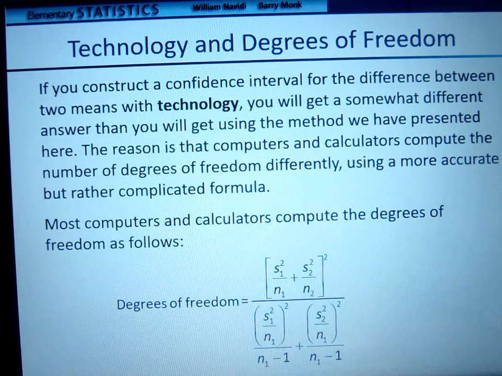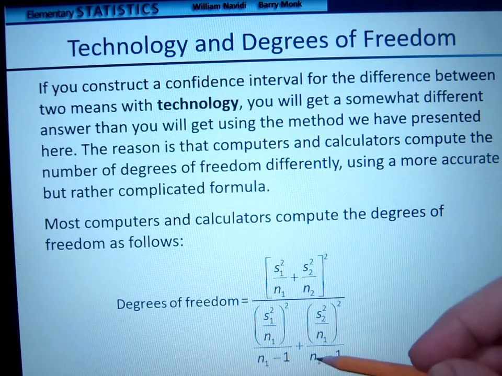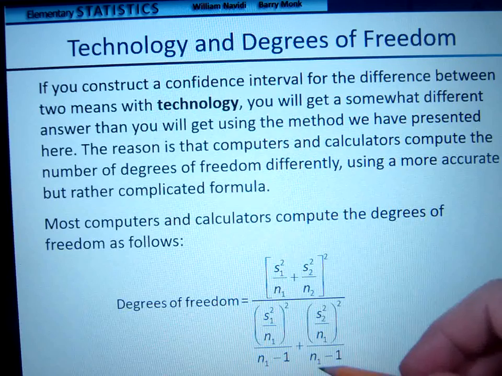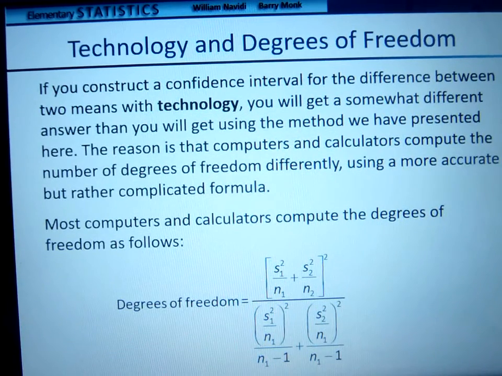Yep, it should be n2, so right here this should be n sub 2 minus 1, so this is the second one, so make sure you change that on your PowerPoint.